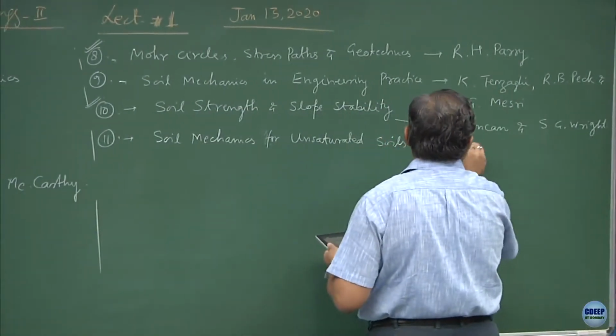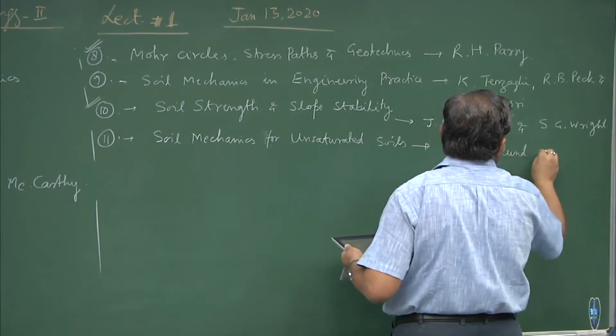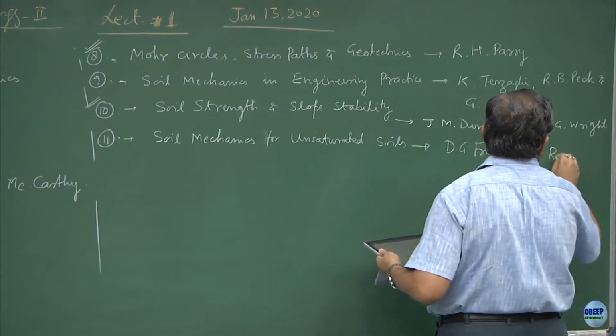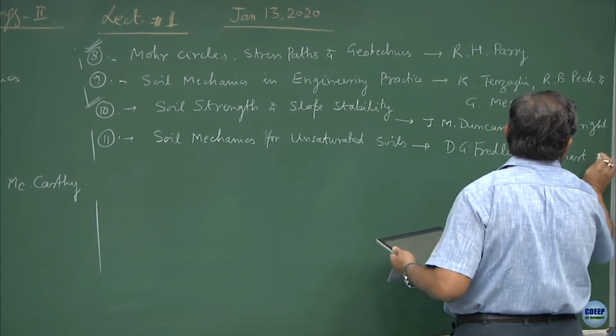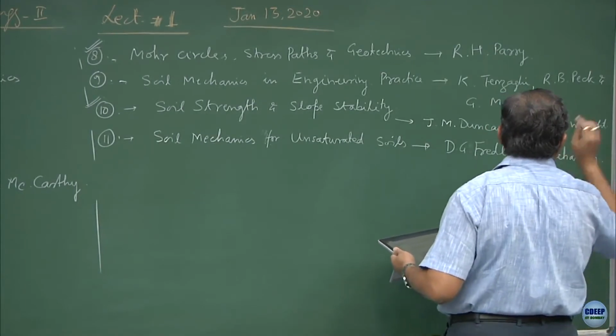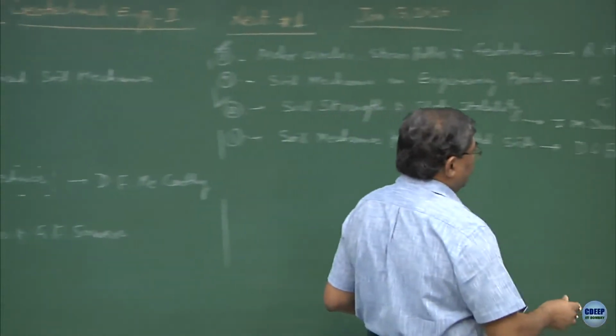Now, this is the book by D.G. Fredlund and Rahardjo. He is known as H. Rahardjo.